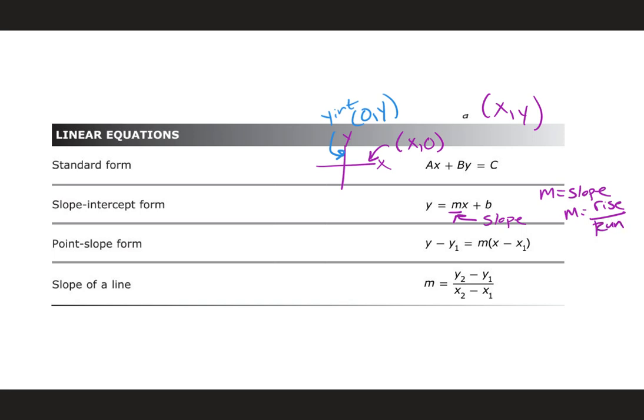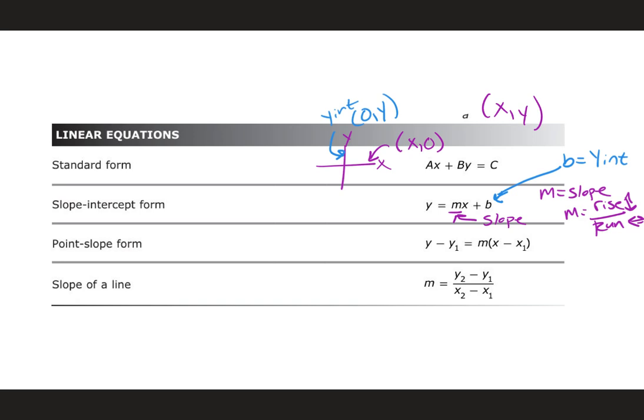It'll help us remember. And remember, rise is going to be up and down, and run is going to be left and right. What is the b on slope-intercept? So b is y-intercept, absolutely. B is the y-intercept. That is where it crosses the y line.